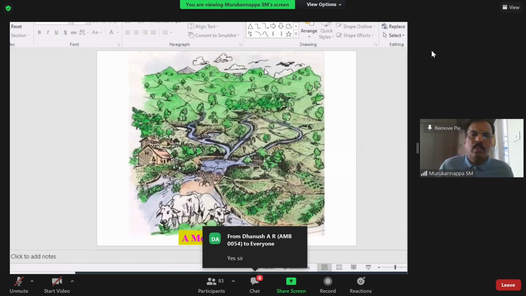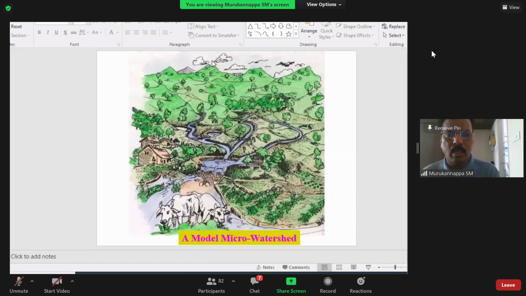Okay, so this is what I want to say. This is a given area. If you select this type of area, you can find three categories of land. One is, upstream, there are hillocks. In the hillocks, most of the area is rock outcrop, that means the pebbles and rocks are exposed.